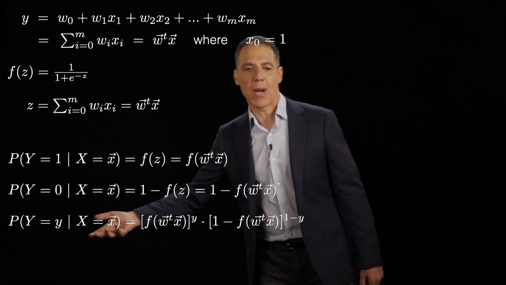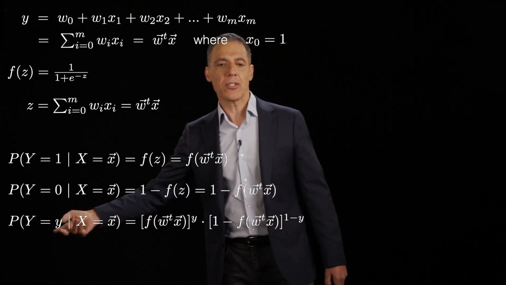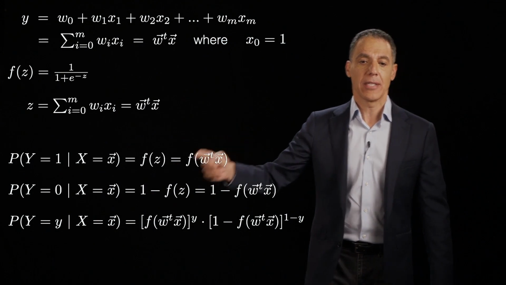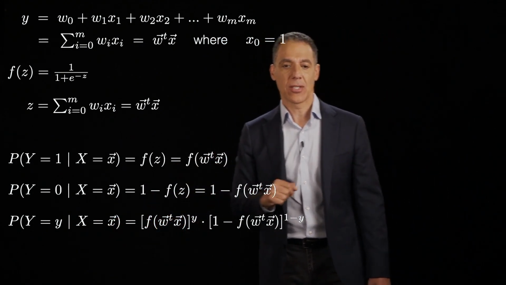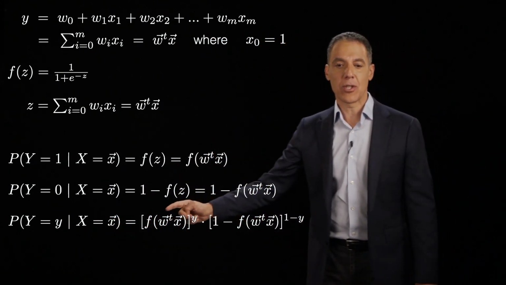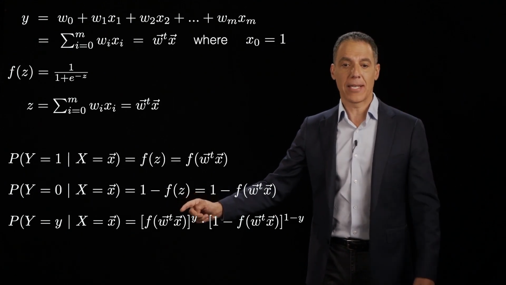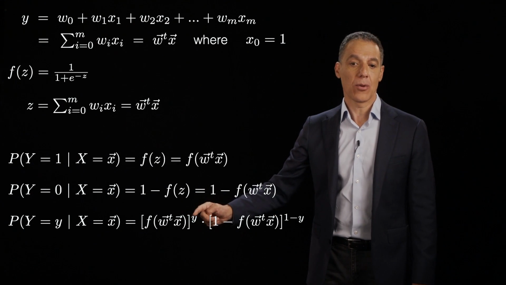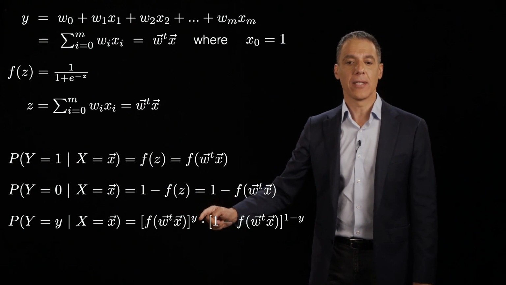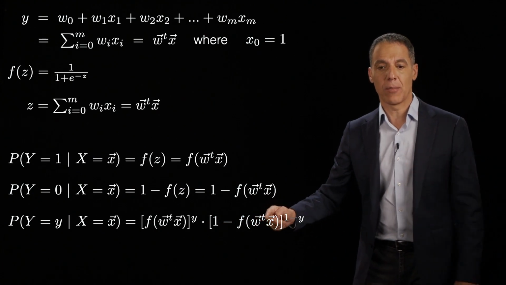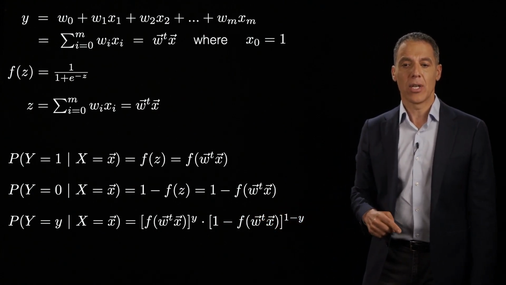So consider this probability. Here I'm going to write the probability that y is equal to any y, 1 or 0, given some input x. And I'm going to argue that that's equal to the product of f, the sigmoidal nonlinearity, applied to w transpose x, our model, raised to the power y, times 1 minus f, the sigmoidal nonlinearity, applied to the model, raised to the power 1 minus y.